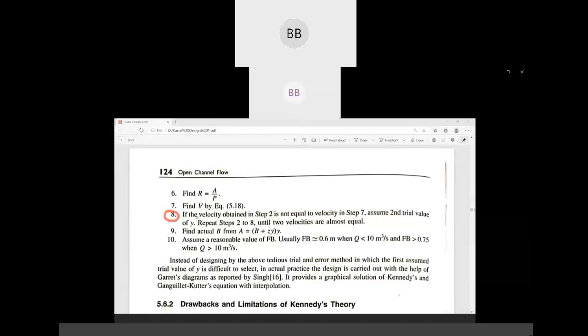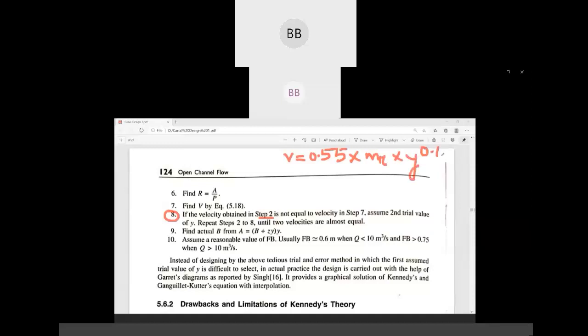if the velocity obtained in step number 2, we have already calculated the velocity by using this equation, 0.55 multiplied by mr multiplied by y to the power 0.64.